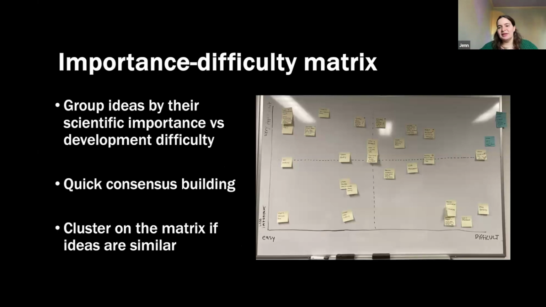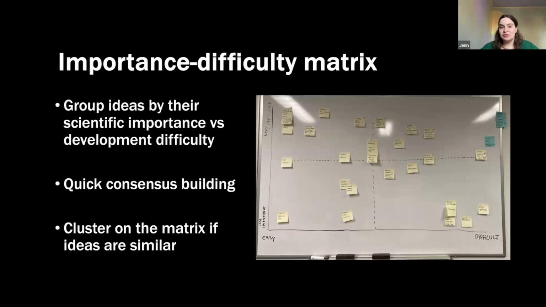Once you have ideas, and that might be from within a brainstorming session, or let's say you just have a list of features you want to make, a really core helpful thing that I've leveraged often is the importance difficulty matrix. That way you can visually see what ideas are scientifically important versus how difficult they are to actually develop.